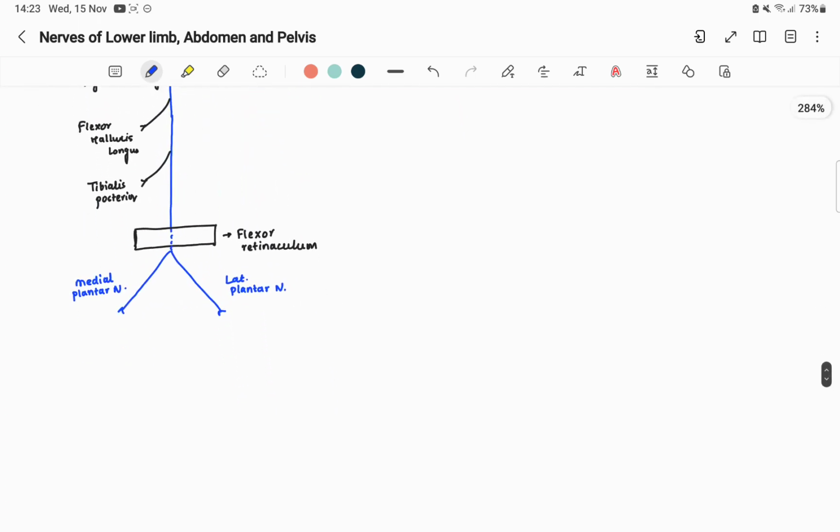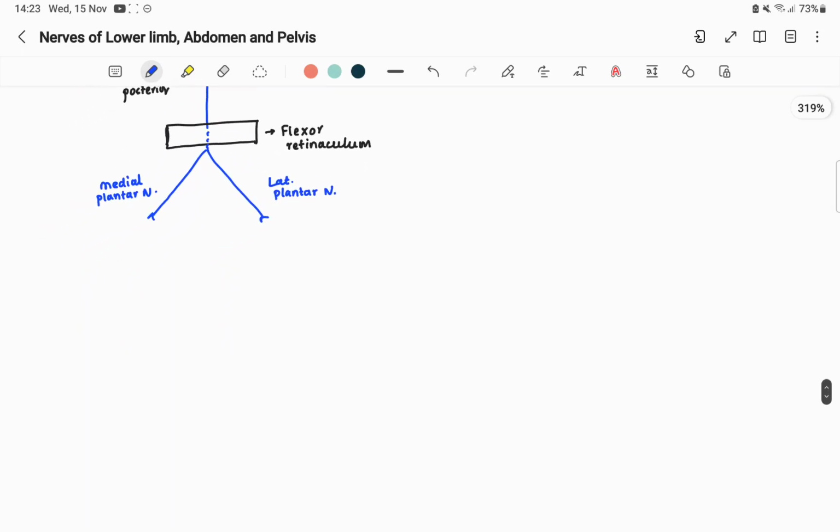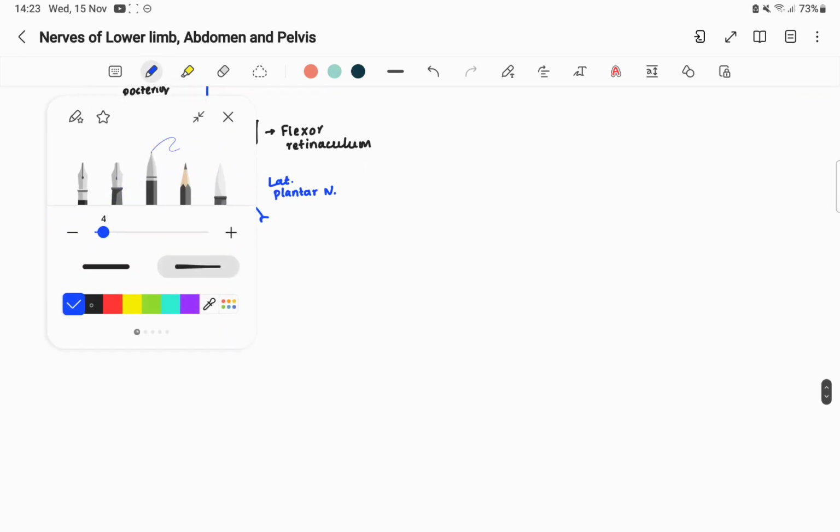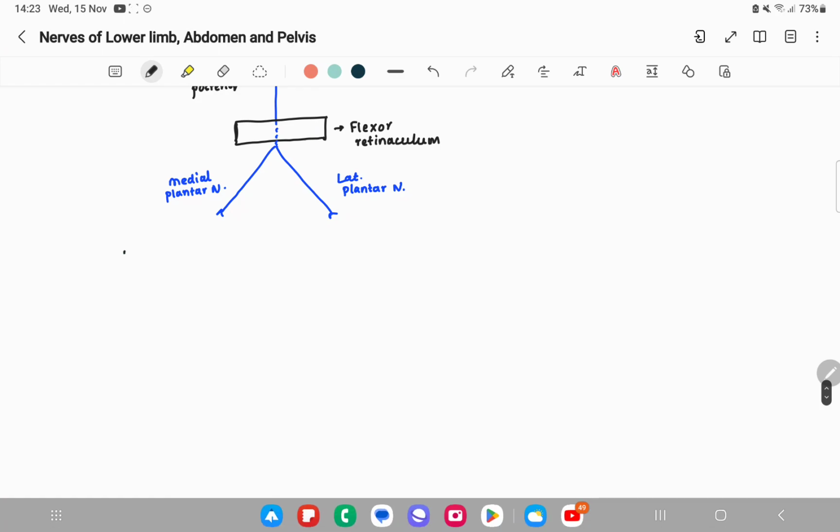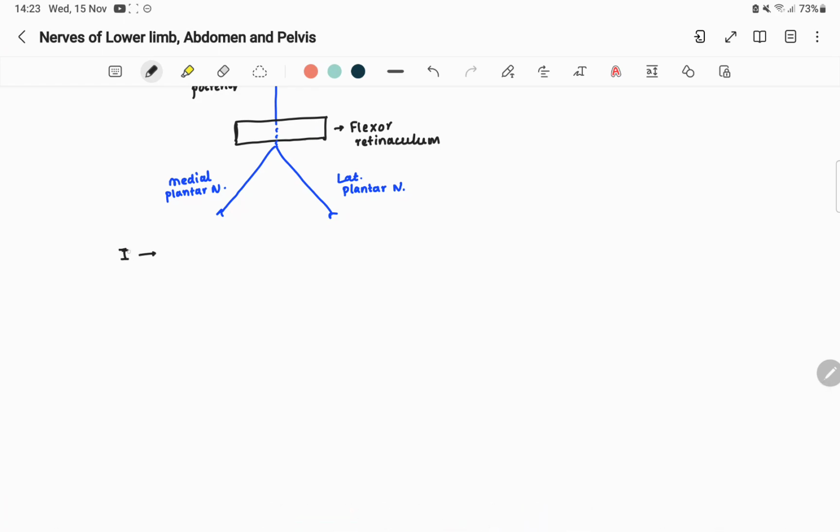What is the course of the medial plantar and lateral plantar nerve? We have the layers in the sole of the foot. The medial plantar nerve supplies, of the first layer, two muscles: abductor hallucis and flexor digitorum brevis.